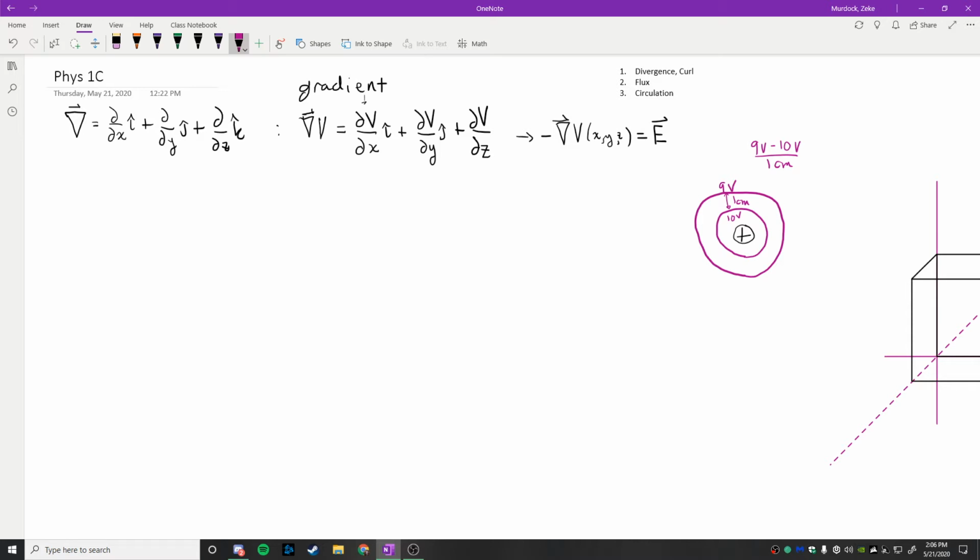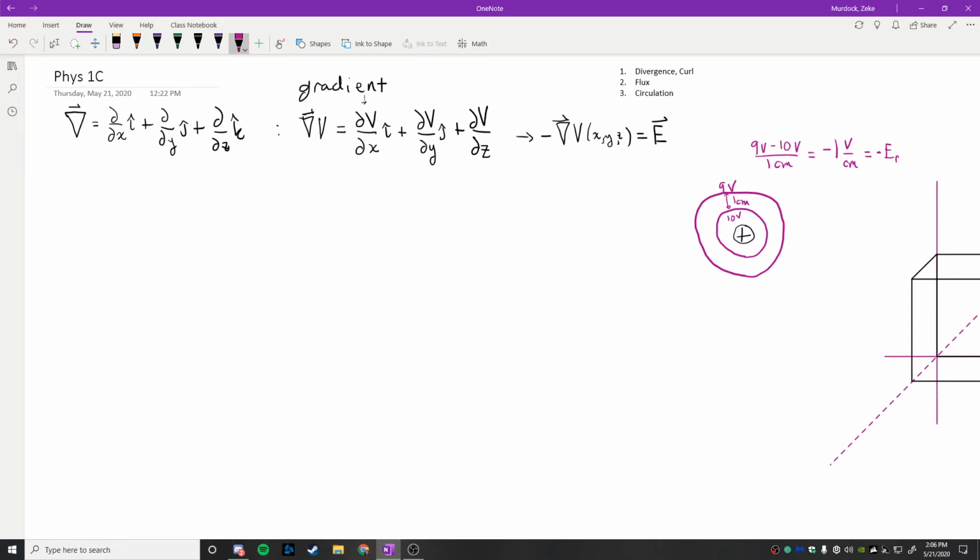It's the rate of change of this voltage with respect to distance, so this would be -1 volt per centimeter. That's all that this is. It's just done in 3 dimensions. And this would describe the negative of the electric field, pointing in the radial direction, you might say.